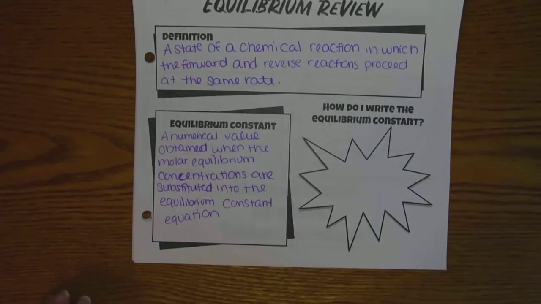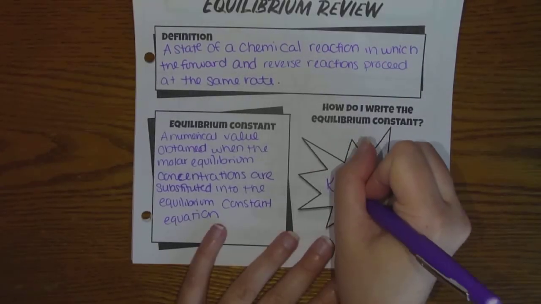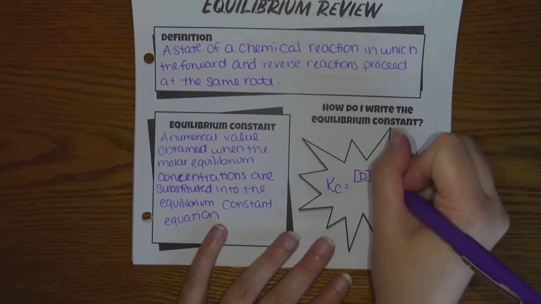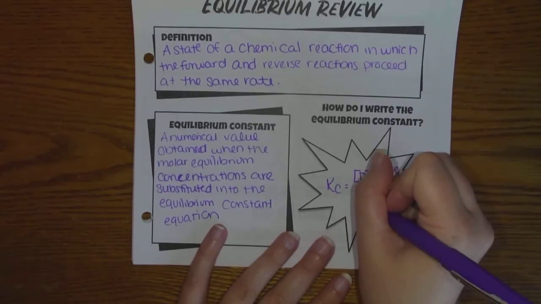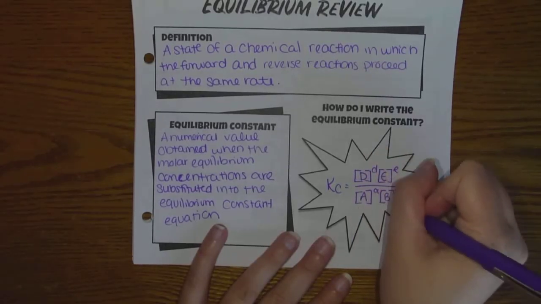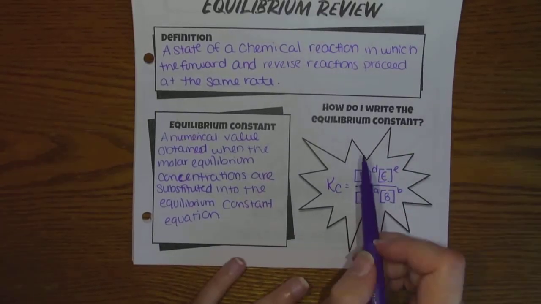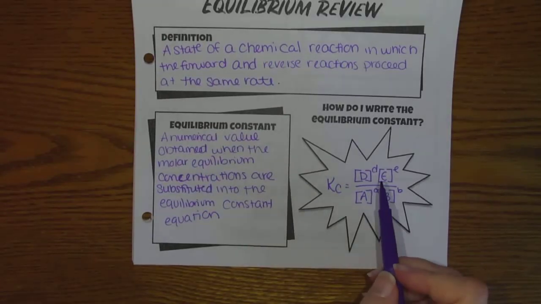And remember that that looks something like this. Kc is equal to products over reactants. And remember that these are our coefficients that we find from the balanced chemical equations.